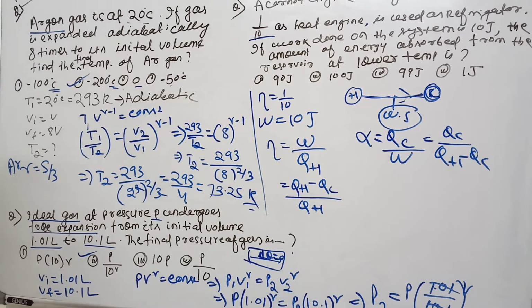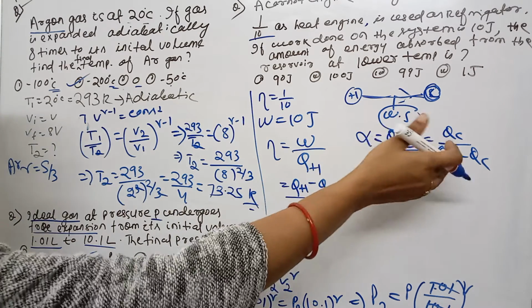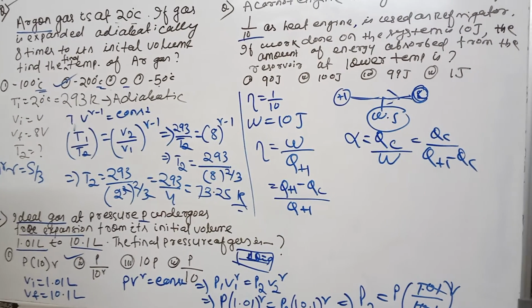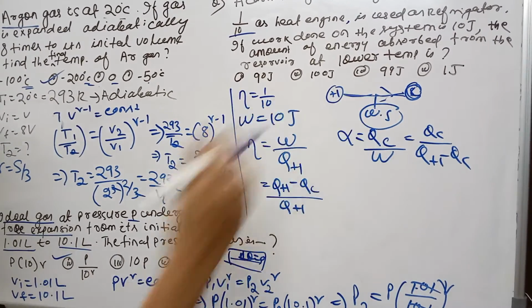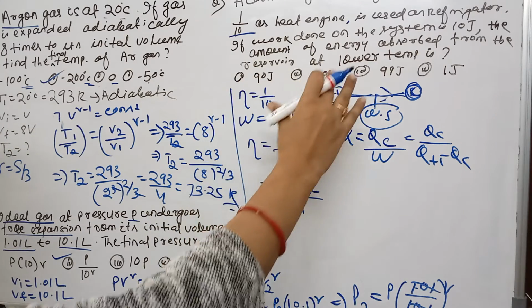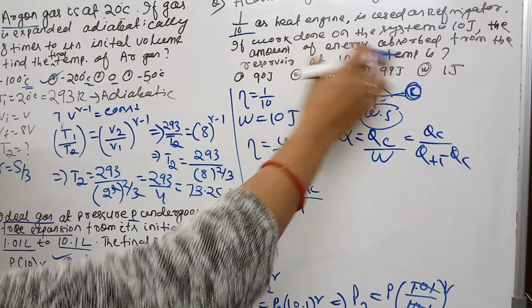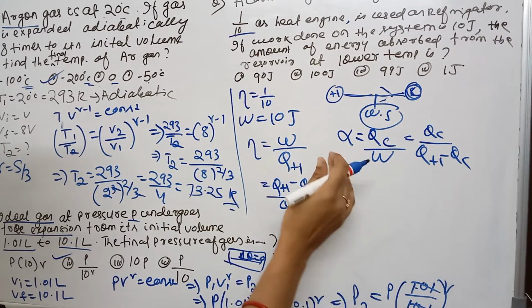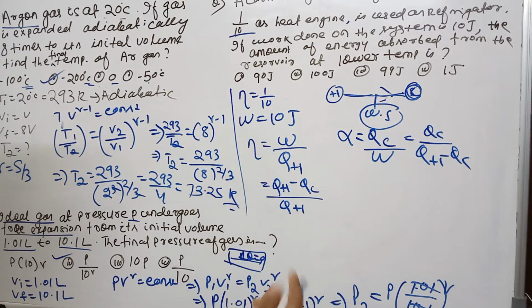So you need to find a relation between alpha and eta, because eta is given and W is given. So you can find QC, that is the amount of heat absorbed from the reservoir maintained at lower temperature, meaning the heat of the sink. So you need to find the relation between eta and alpha.